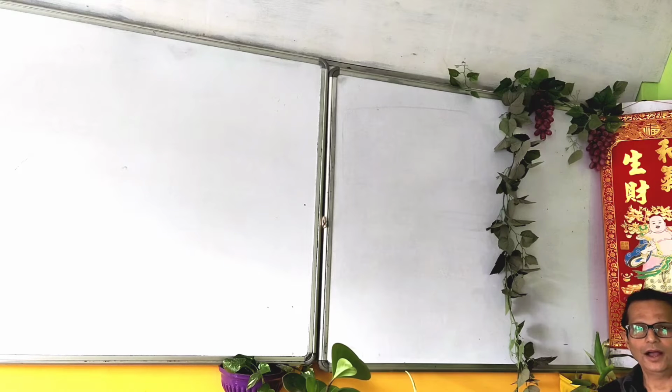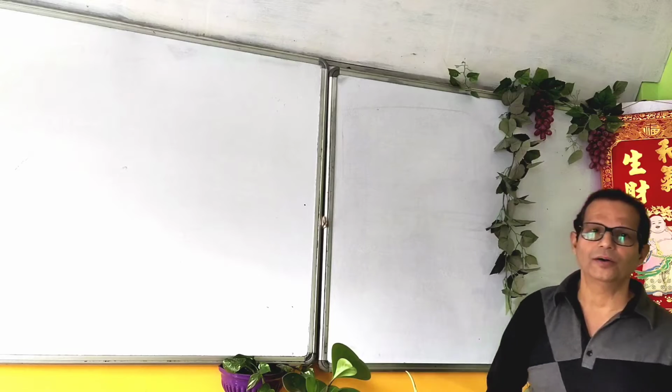Today I am going to deliver a lecture on another new topic, that is nucleophilic addition reactions. You know that aldehydes and ketones are called carbonyl compounds, and carbonyl compounds easily undergo nucleophilic addition reactions.